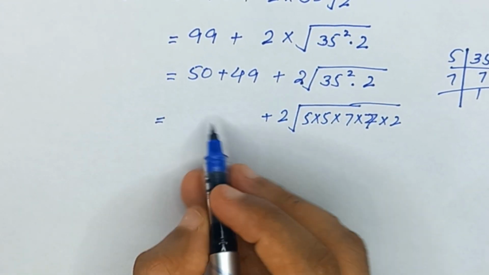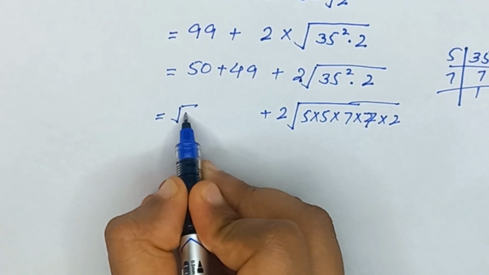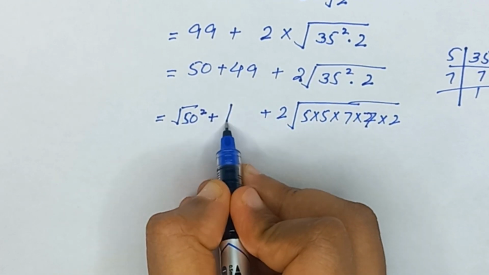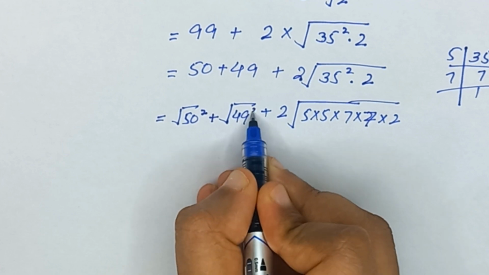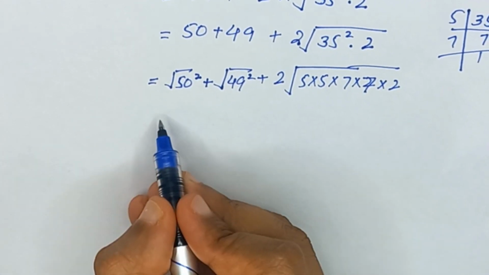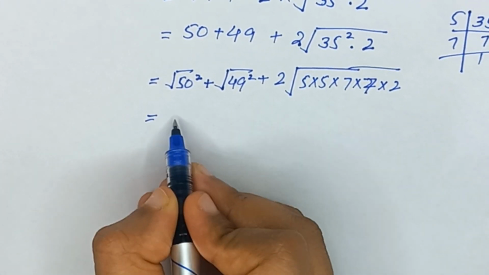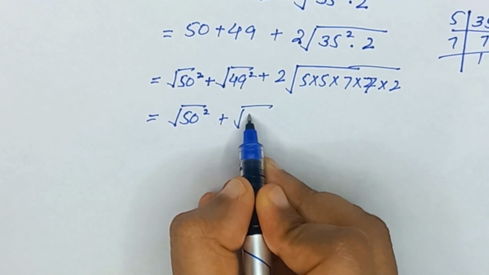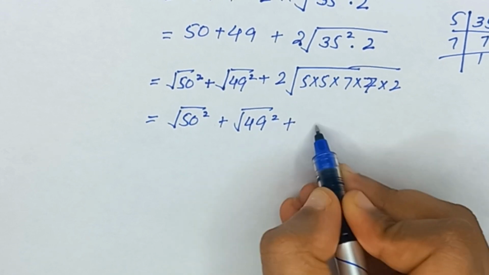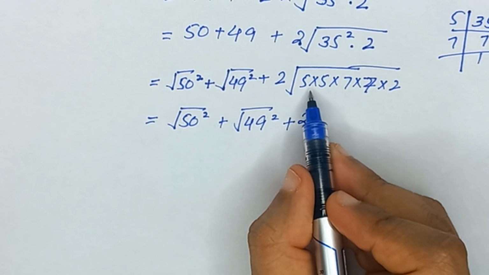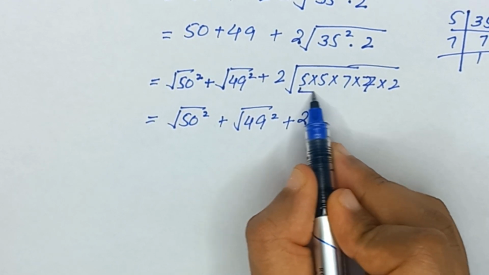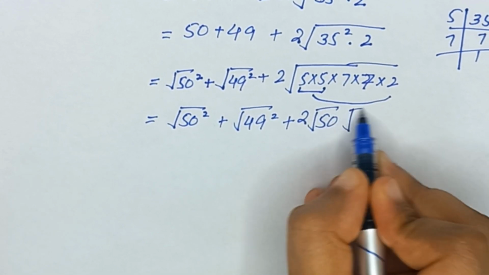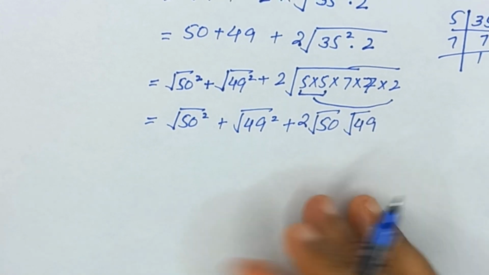And here we have 50, so we can write 50 as square root of 50 square, and 49 can be written as square root of 49 square. Now you can see that we have square root of 50 square plus square root of 49 square plus 2 times square root of 50 times square root of 49.